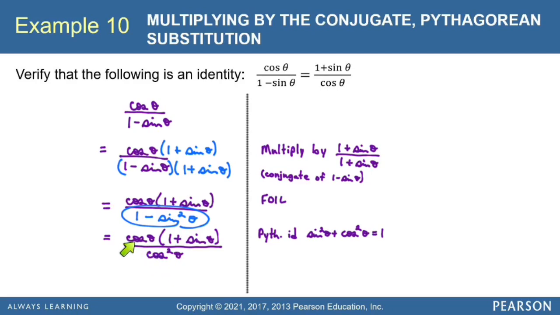So this cosine in the top will cancel one of our cosines in the bottom, and we'll be left with 1 plus sine theta in the top and cosine theta in the denominator. I'm going to write over here on the right side that we reduced. And now look at what we ended up with compared with the right side of the equation we started with, and you can see they're identical, and so that means we're finished with that proof.